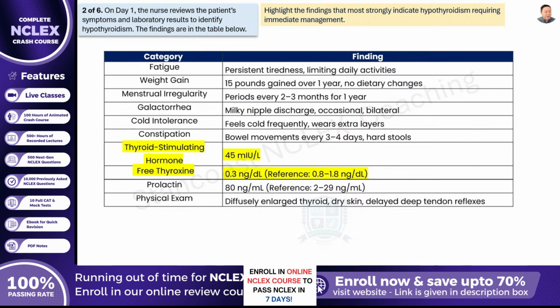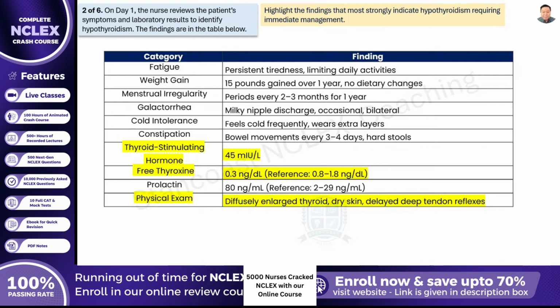Now, the other findings are in the physical exam. There's diffusely enlarged thyroid, dry skin, delayed deep tendon reflexes. These are clinically classic signs for hypothyroidism. There's that goiter. It suggests the gland has been overstimulated over time. And the dry skin results from very slow metabolism.